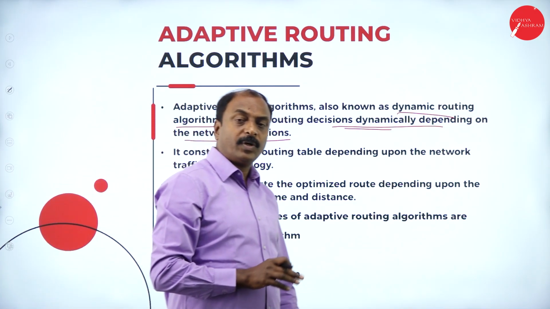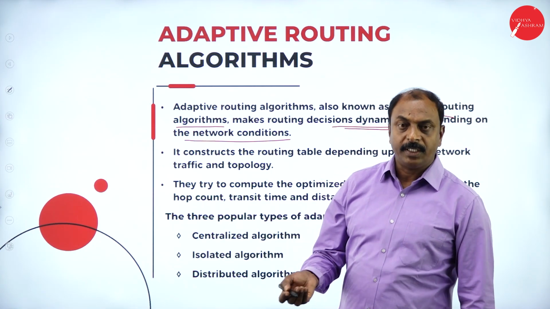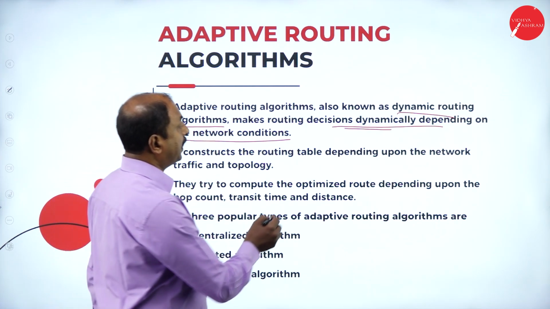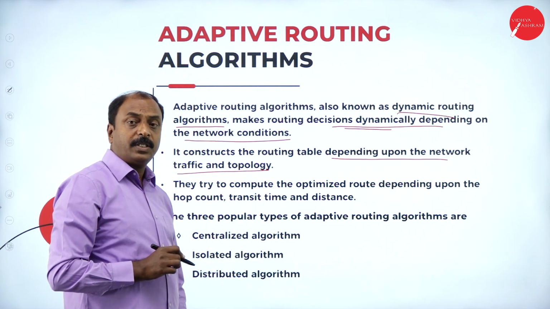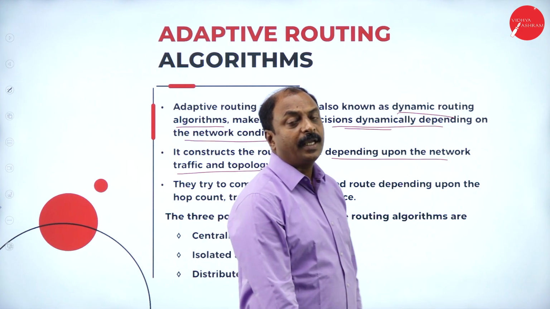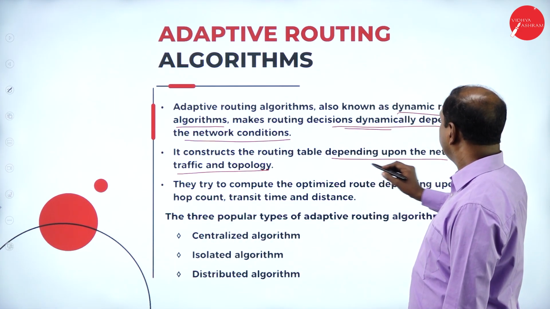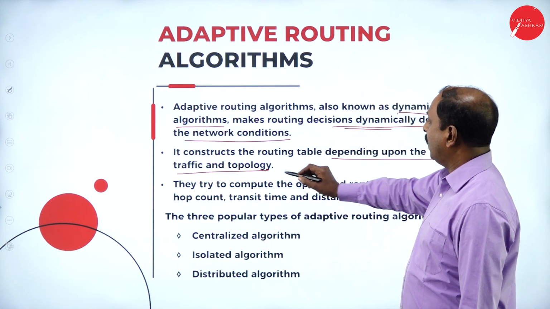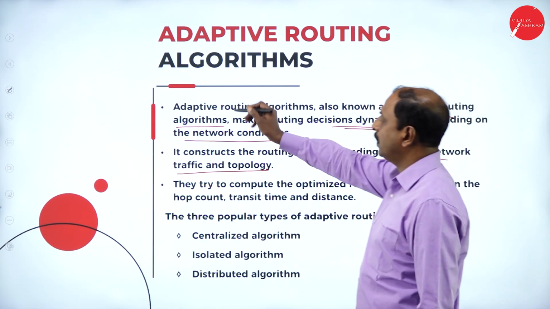Whatever the network conditions or configuration, it is going to change depending on the network situation. It constructs the routing table depending upon the network traffic and topology. The routing table at each and every router is constructed based on the network traffic and network topology, so accordingly it can change its routing table. That is the meaning of dynamic routing algorithm.